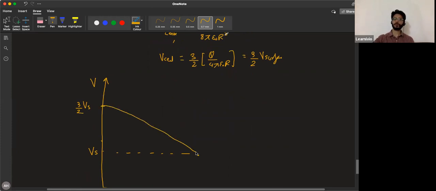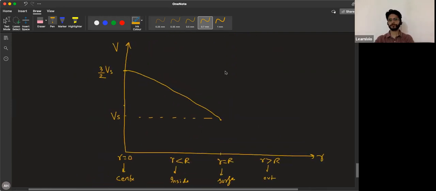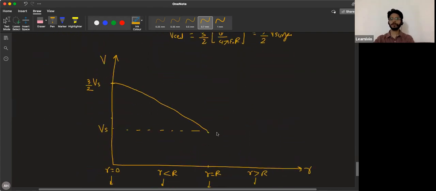So this will be the shape of the graph inside. When you go outside, it goes as 1 by R. So outside the graph will be high. So this is V out, which is inversely proportional.